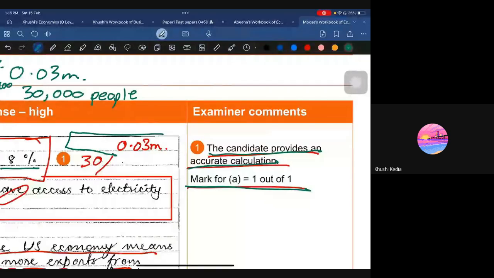So you see, should this be marked 1? Never. I would never mark him 1. Because somebody who is missing 30,000 people out of his calculation, how can he do that? It is not something that you can round off. It's the population. Populations are never rounded off, right?